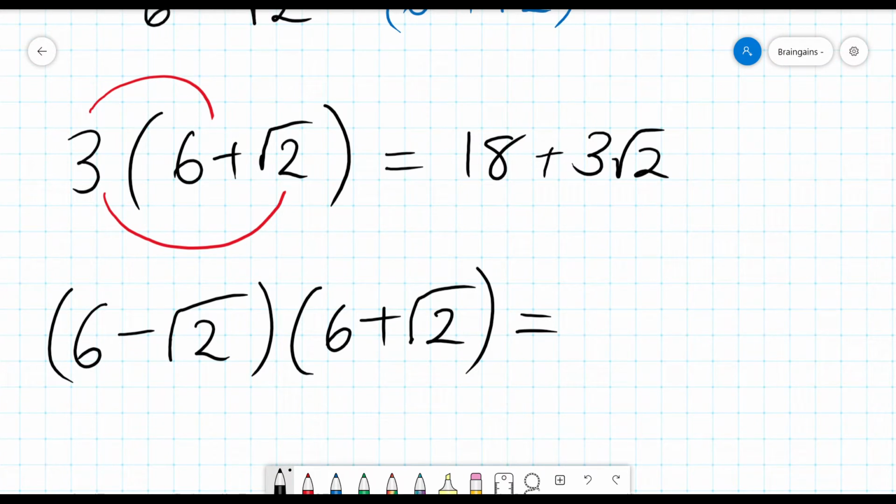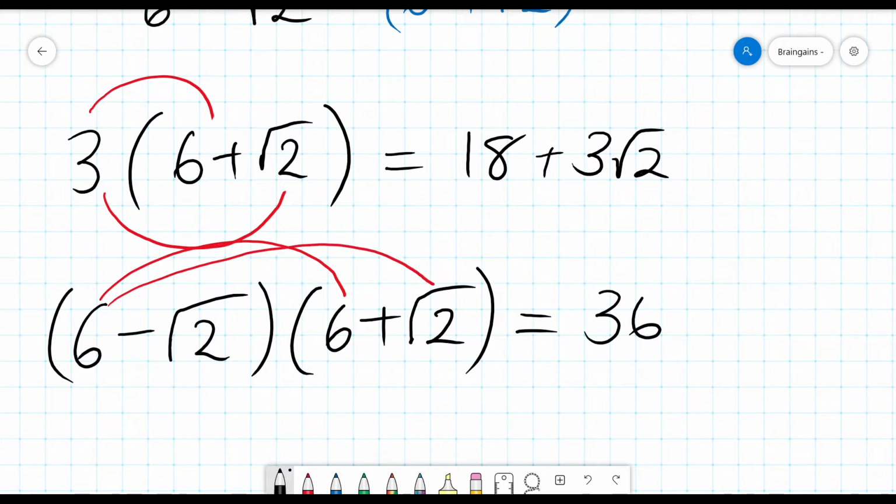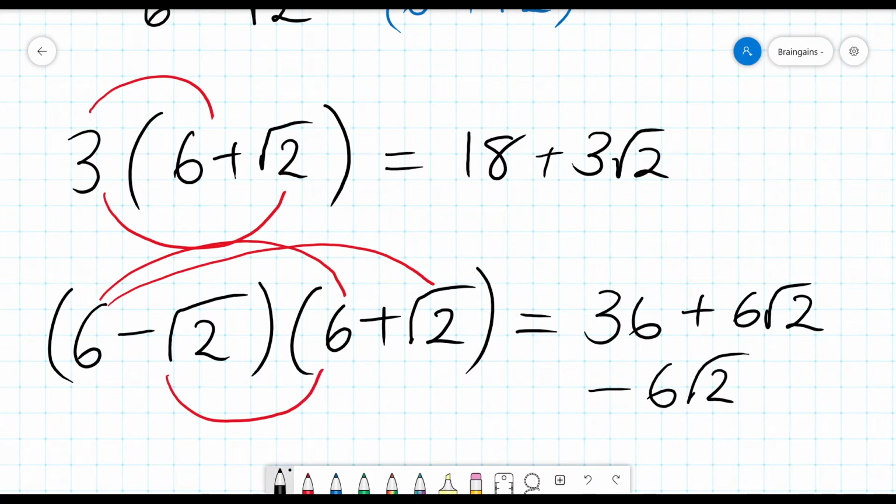Now, 6 times 6 is just 36. 6 times root 2 is just 6 root 2. Negative root 2 times 6 is minus 6 root 2, and minus root 2 times root 2 would become minus root 4.